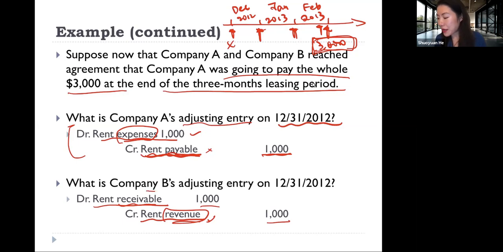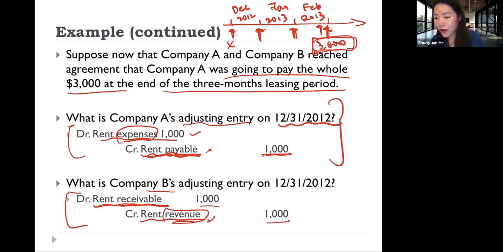Similarly, company B is going to make this same journal entry at the end of December, at the end of January, at the end of February, 3 times. And at the end of February, it is going to debit cash 3,000 because that's when it is receiving cash. And then it is going to write off its rent receivable. So it is going to credit rent receivable 3,000 to write it off.